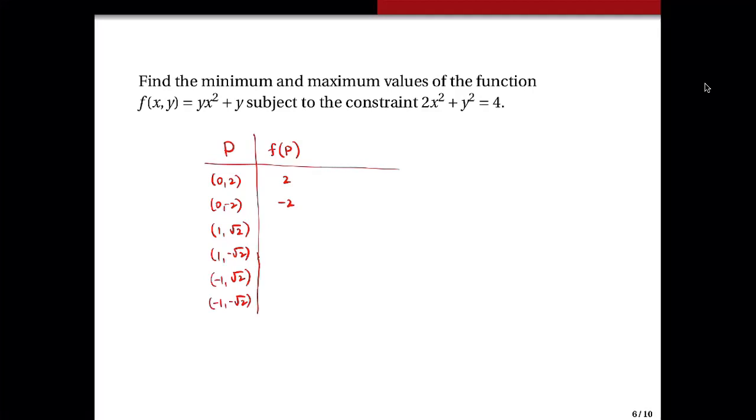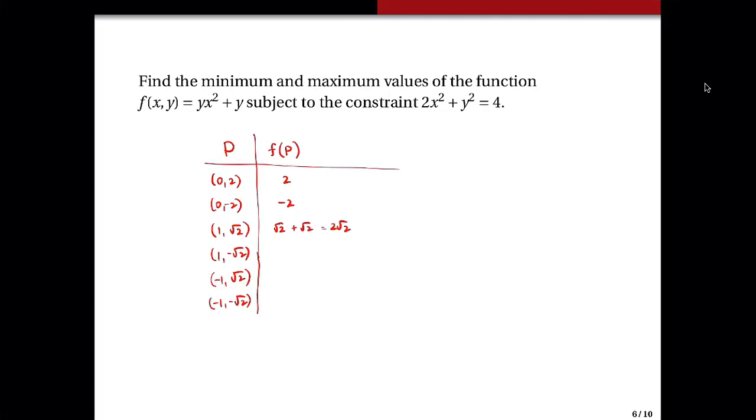For (1, square root of 2), sorry, why is this 3? We have square root of 2 plus square root of 2, and this is equal to 2 square root of 2.